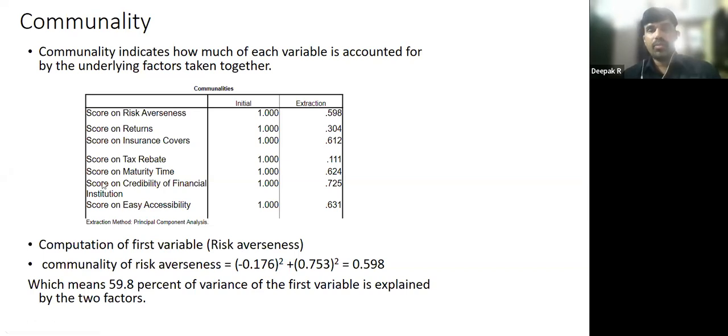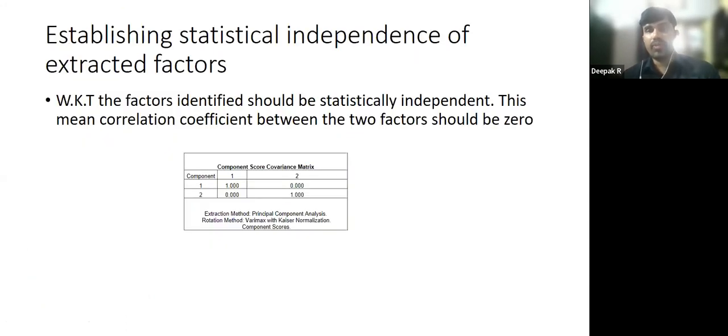So if I consider negative 0.176 square plus 0.753 square, I will understand that 59.8% of the variation with respect to the first variable is explained by the first two factors. This becomes very, very critical, and this is often ignored in the majority of analyses. So it is always important that you also include this.